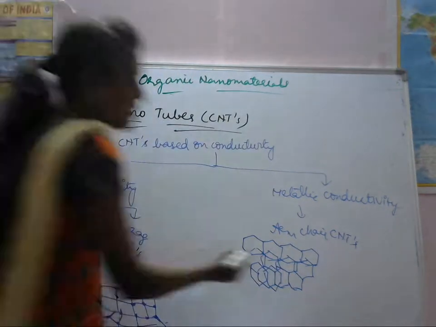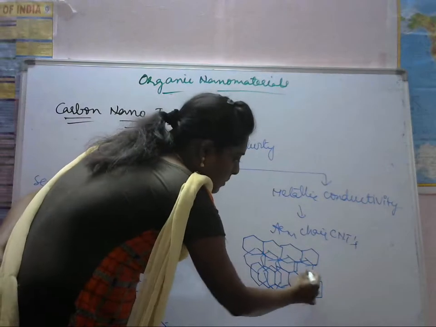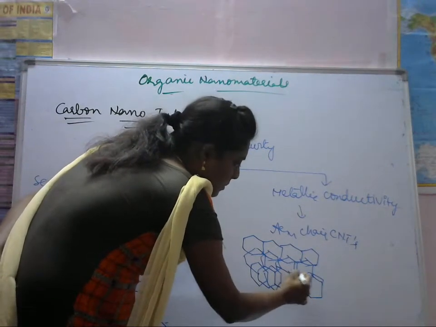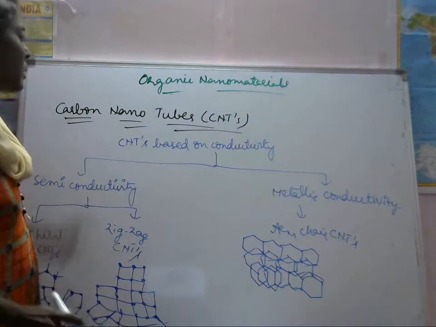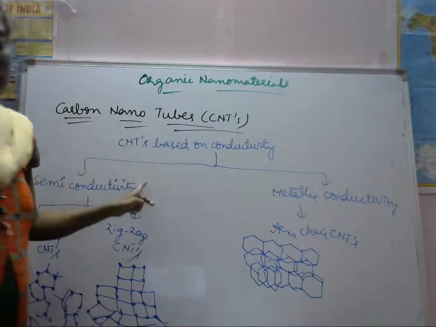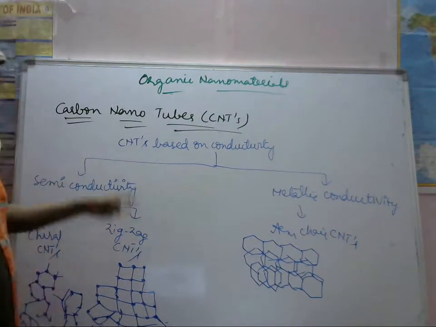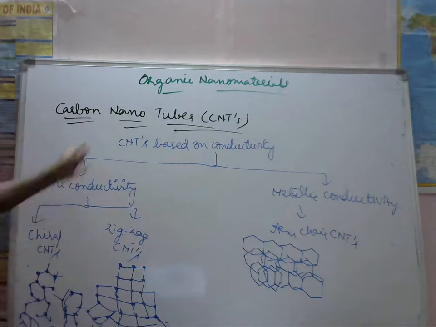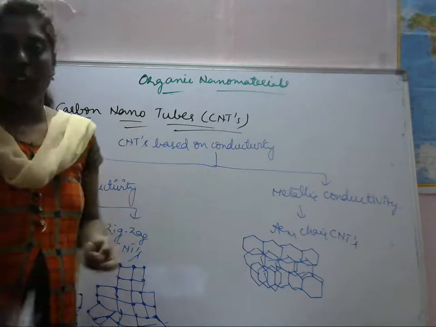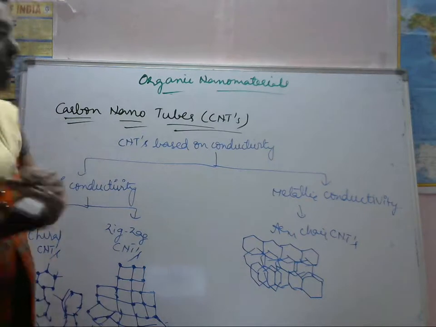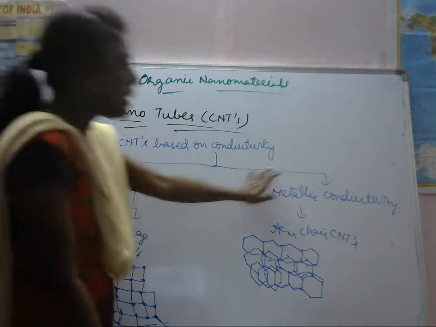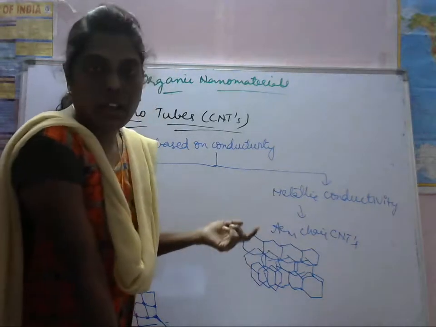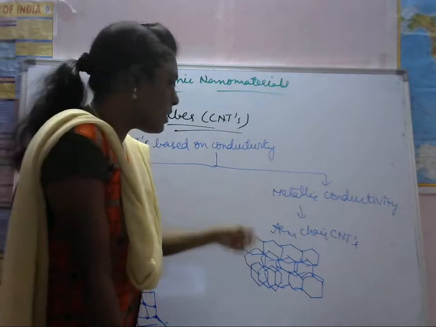So this is armchair CNTs. So this is the classification of carbon nanotubes. Based on conductivity, two are there, which are semiconducting and metallic conductors. Semiconductors means chiral CNTs and zigzag CNTs. And metallic conductivity: armchair CNTs show metallic conductivity.